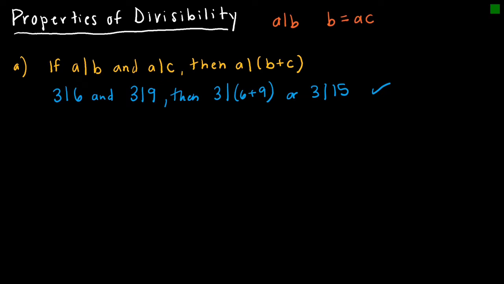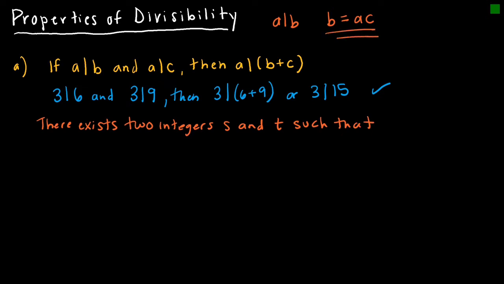Based on this, I can say there exist two integers, we'll call them s and t, such that, using the definition above, if a divides b then b equals a times s, and if a divides c then c equals a times t.